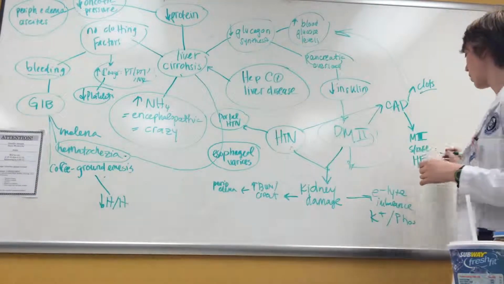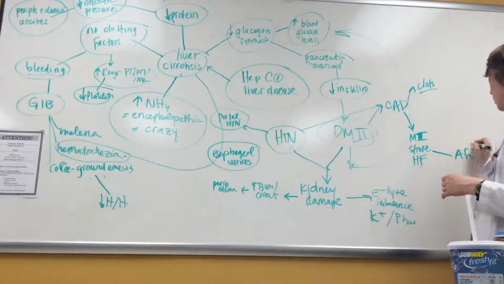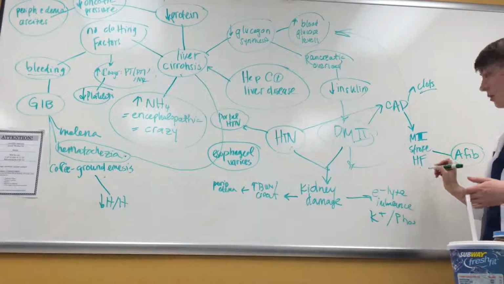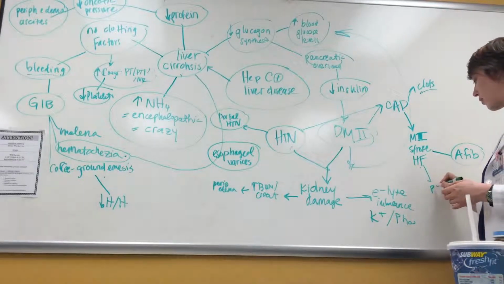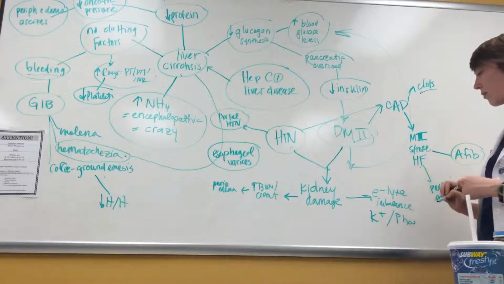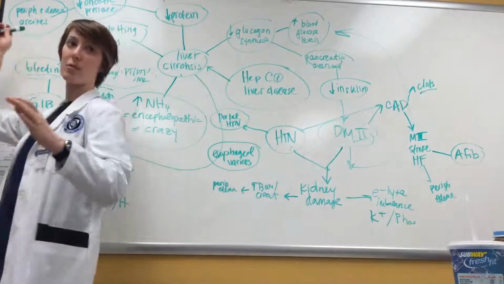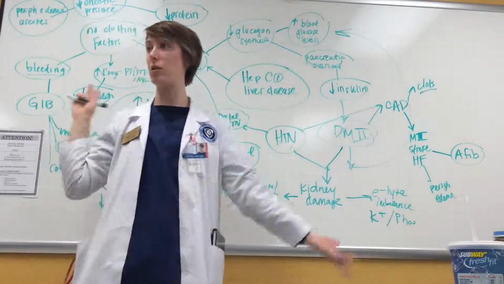Most likely, you're going to see AFib here, which is going to be another heart symptom. This is also going to lead to peripheral edema, which we're about to talk about in a minute. So you've got peripheral edema from here, and peripheral edema here. If you see peripheral edema, you can explain out why.